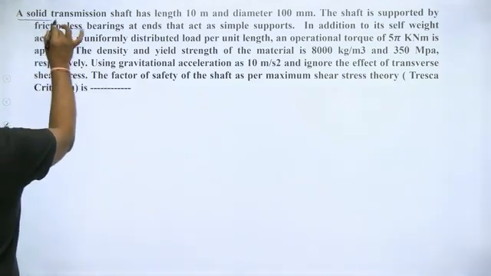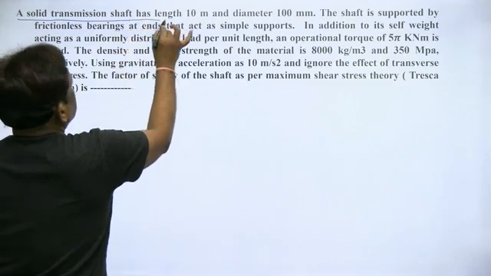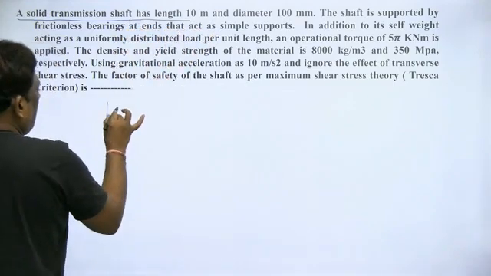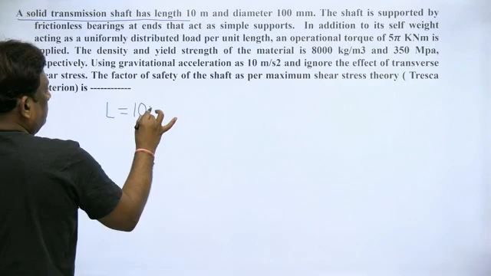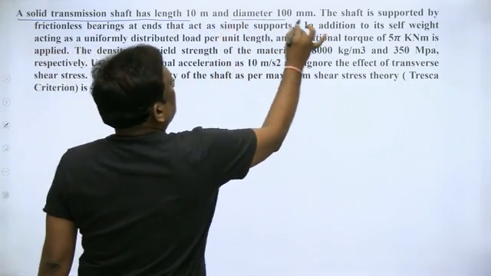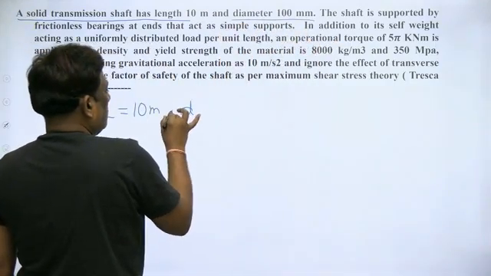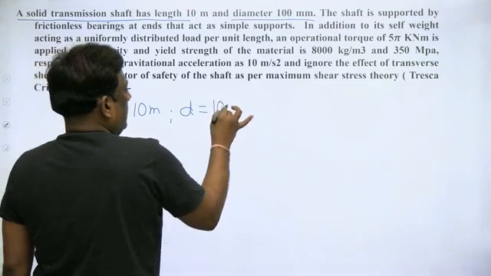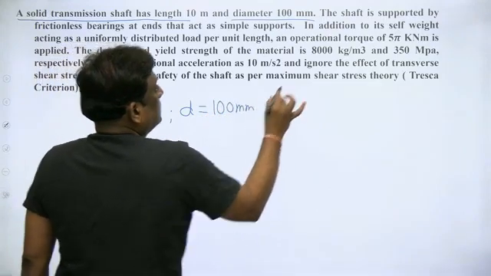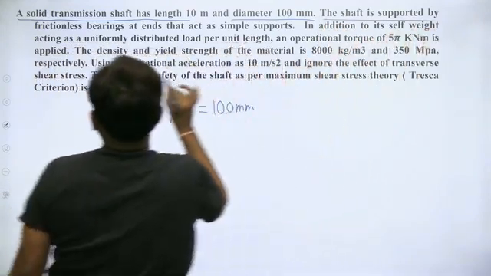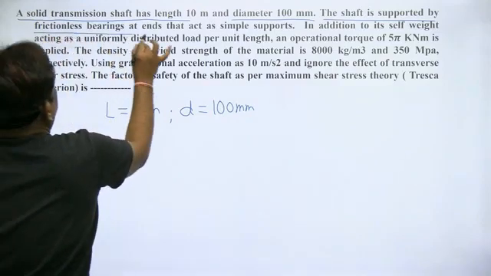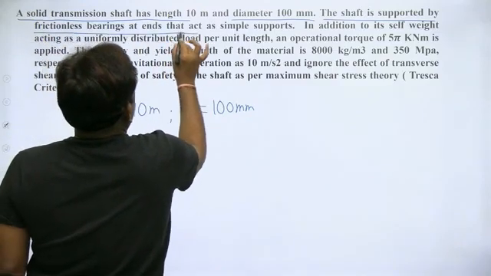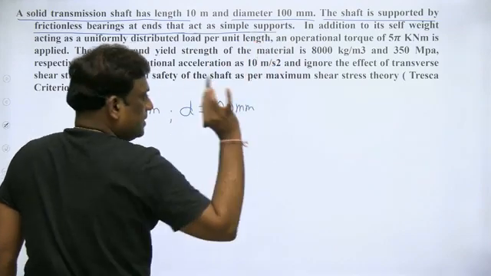A solid transmission shaft has a length of 10 meter and diameter of 100 mm. The shaft is supported by frictionless bearings at the ends that act as simple supports.